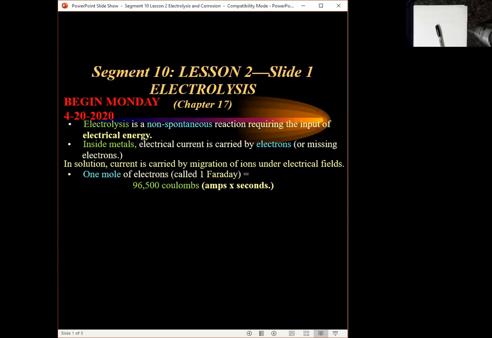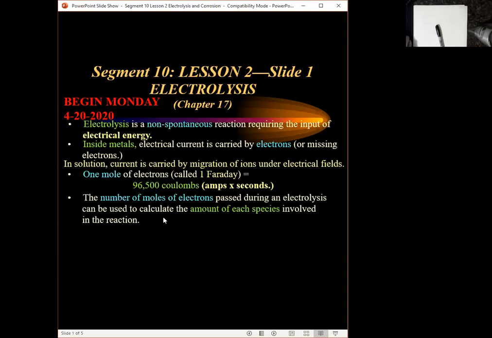So if you pass a current of 1 amp for 1 second, that would give you 1 coulomb of charge. And 1 mole of those would be 96,500 coulombs, or 96,500 amp seconds is a mole of electrons. And this 96,500 coulombs is called the Faraday constant.